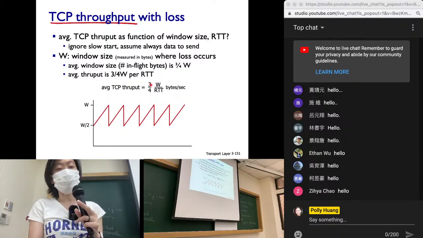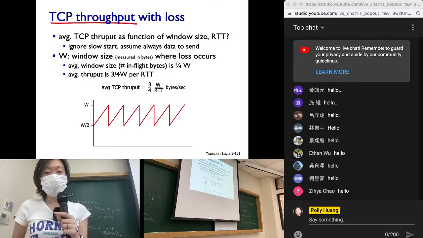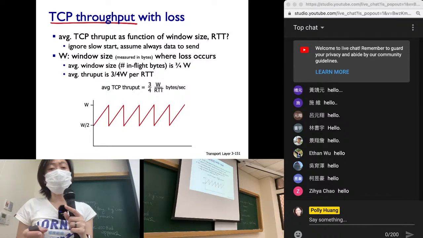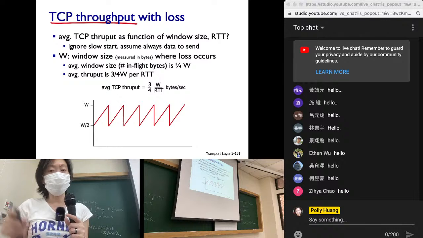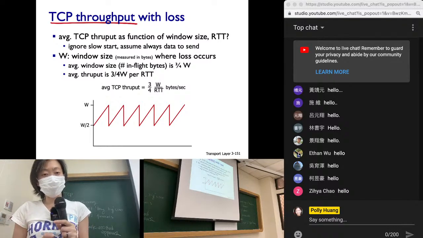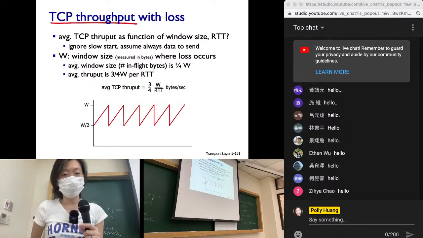Not quite, just W over RTT. Oh, by the way, I changed the notation. So W here is essentially CWND, okay, the window size. But this W is the CWND when there's a packet loss, a 3-duplicate kind of loss detected.